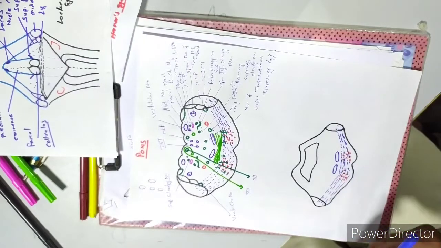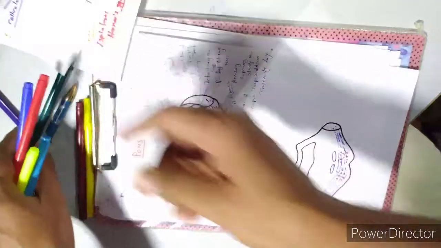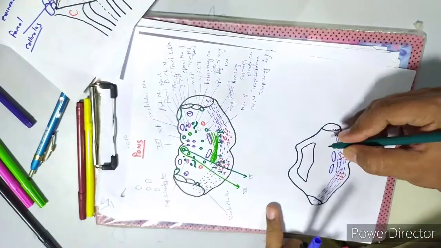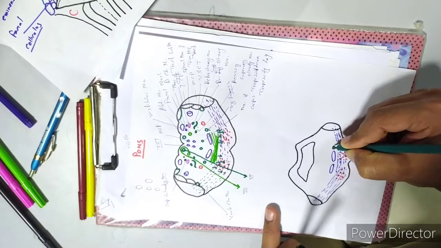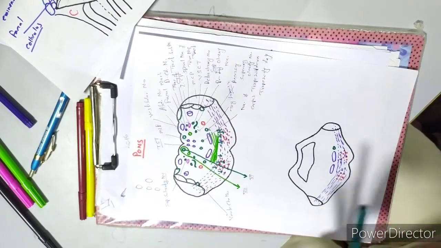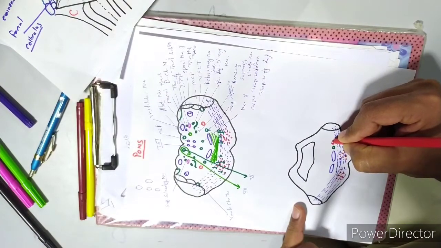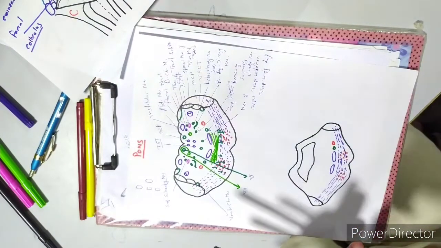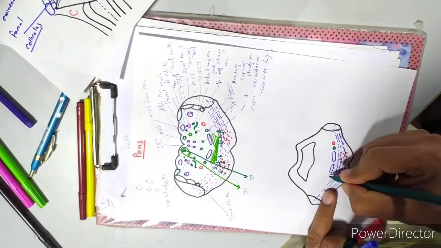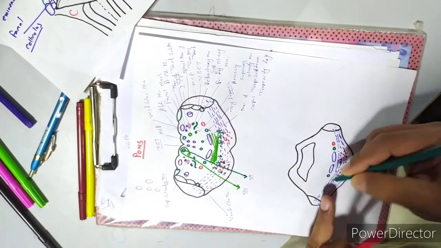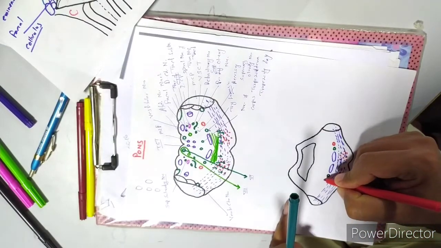Then the green color is the trigeminal lemniscus. Clear? Then the red color is the spinal lemniscus. Here on the opposite side, it is the same: the trigeminal lemniscus, and here the spinal lemniscus.